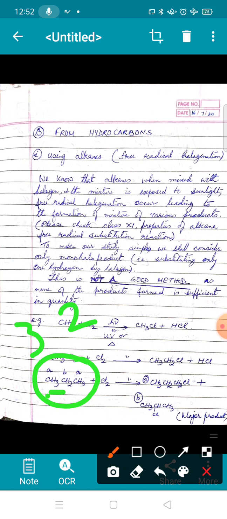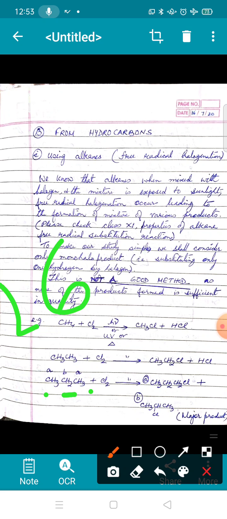Now let us go to the second carbon, which I have labeled as B. Now in B what happened? Own hydrogen 2 and neighboring hydrogen 3 plus 3, 6. Is it same as before? Definitely it is not same as before, because earlier, if you remember, we had the 3:2.